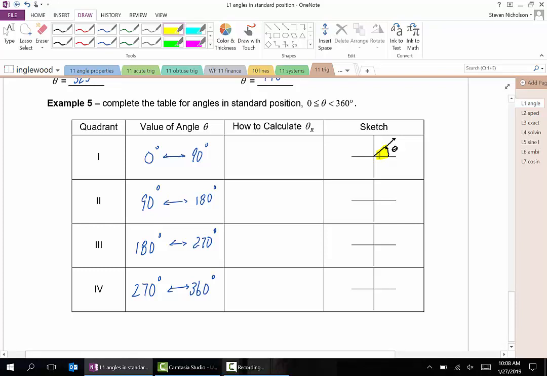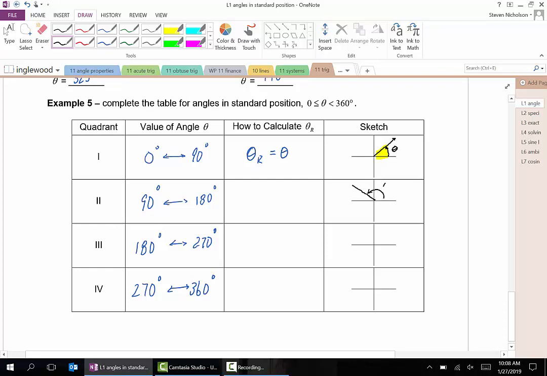So again, when we imagine our reference angle, it's always from the terminal arm to the x-axis, or the x-axis to the terminal arm, might be better. And in the first quadrant, they're the same. And this is kind of like stuff you learned in grade 10, but you were just talking about the angle, not this reference angle. Well, what happens when the terminal arm is in the second quadrant?